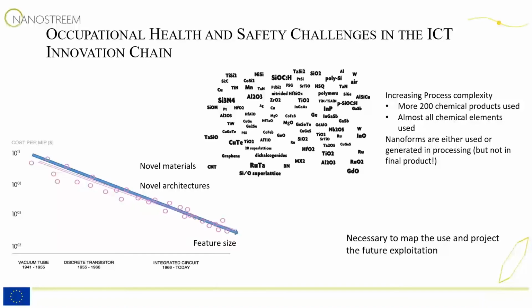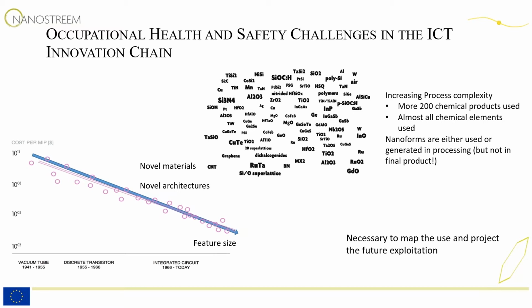Where we have a number of occupational health and safety challenges in the innovation chain, because the action of Moore's law, which you see here on the bottom, mandates use of novel materials and novel architectures in order to decrease the feature size. So that results in a constant innovation process with increasing complexity, and we have more than 200 chemical products that are used in the current manufacturing of chips, and almost all chemical elements are tried on.